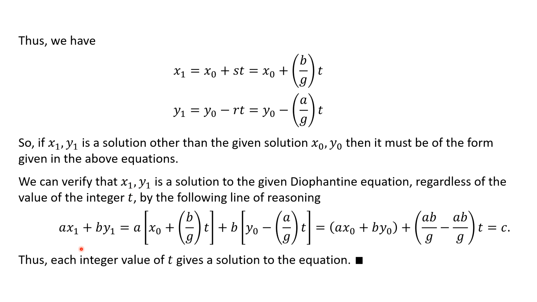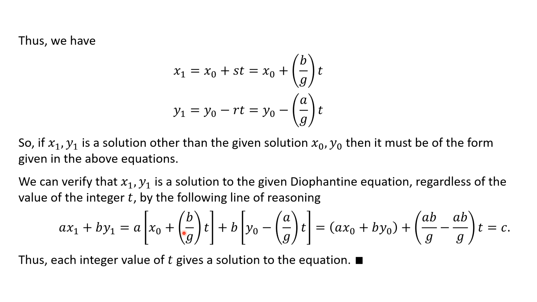Regardless of the value t, the integer t, we take ax1 plus by1, and we'll put in x1 here, and then we'll substitute in y1 here. And so we get ax0 plus by0 here.